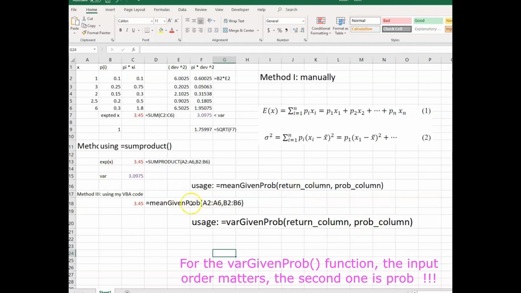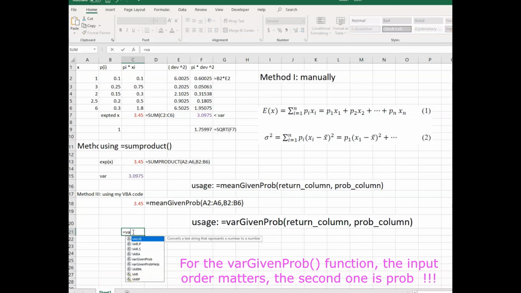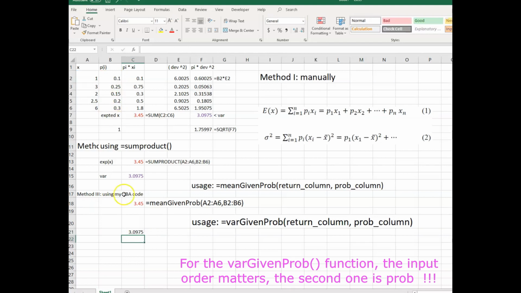So this is much easier than the second method using Excel. So let's try it here. This is VAR given probability, and we enter two columns. Because these two columns are given, the only thing we need is to enter these two columns.